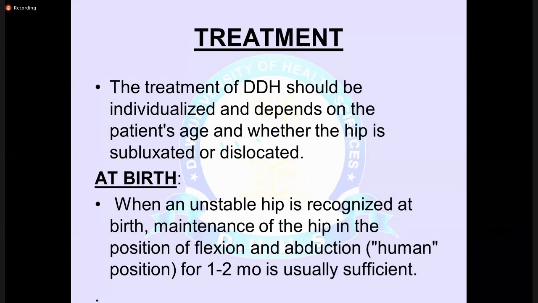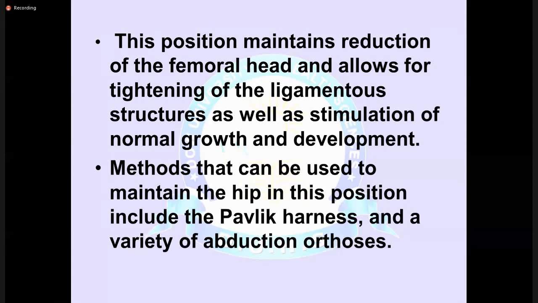At birth, when an unstable hip is recognized, maintaining the hip in the position of flexion and abduction, the Human position, for at least 1 to 2 months is usually sufficient. This position maintains reduction of the femoral head and allows tightening of the ligamentous structures as well as stimulation of normal growth and development.